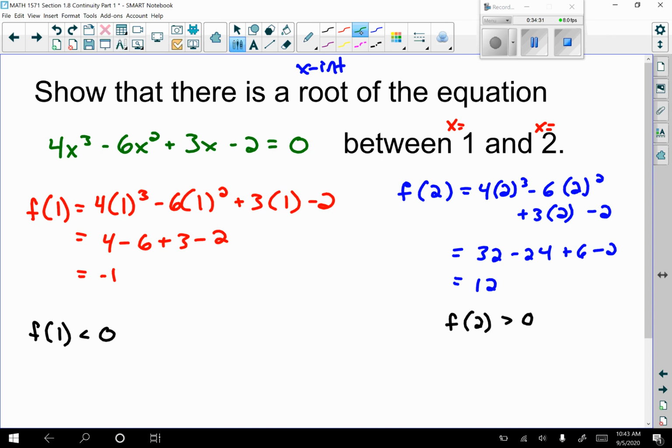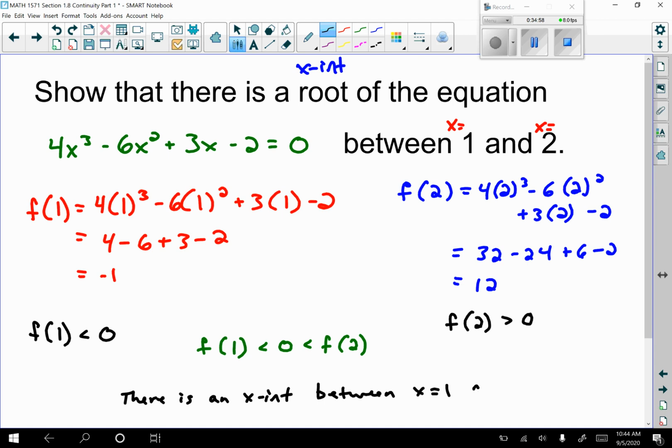So now this becomes f of 1 is less than 0, or 0 is in between f of 1 and f of 2. So that means at some point between x equals 1 and x equals 2, I'm going to have an x-intercept. So again, this means there is an x-intercept somewhere in between x equals 1 and x equals 2.